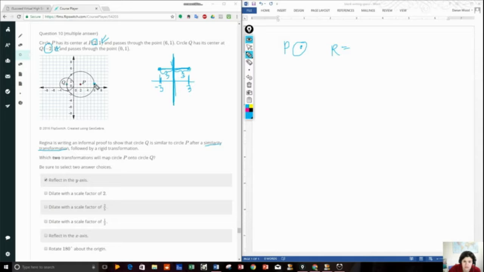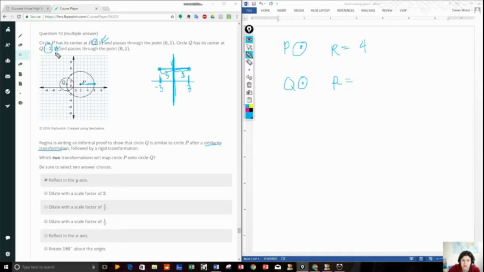So right there, from our center point, 1, 2, 3, 4, to the outside edge is 4 units, and that's our radius. So that's 4 units.